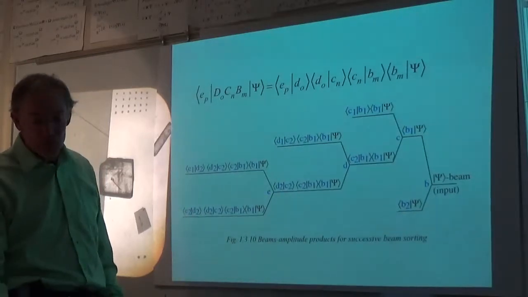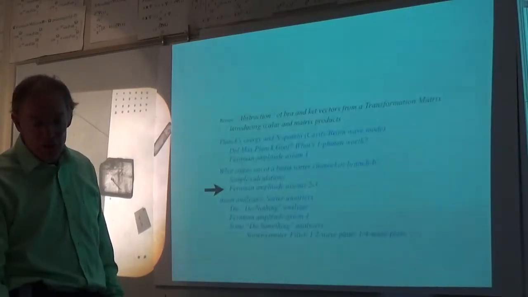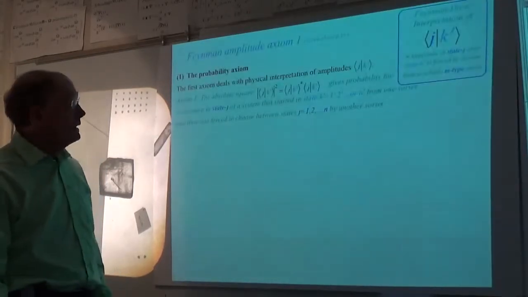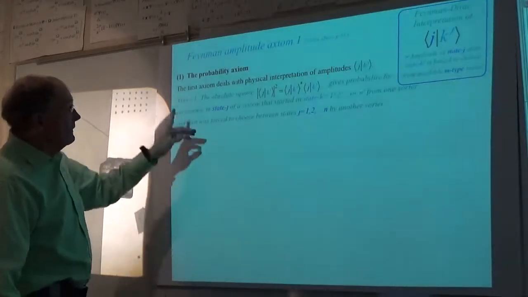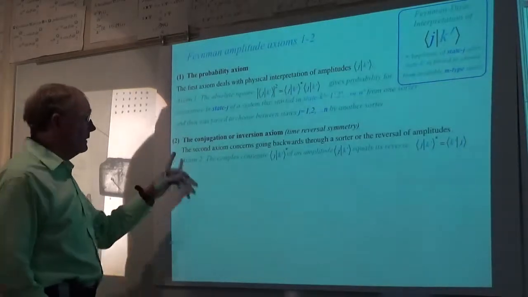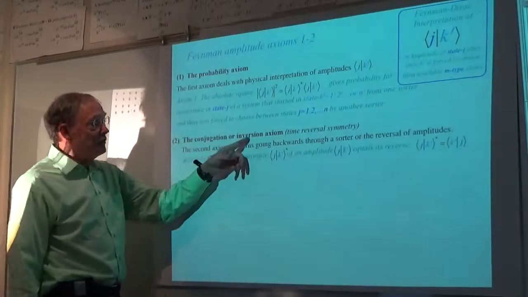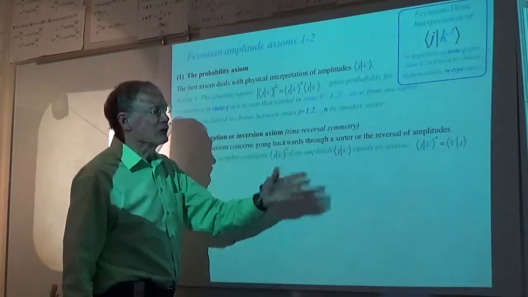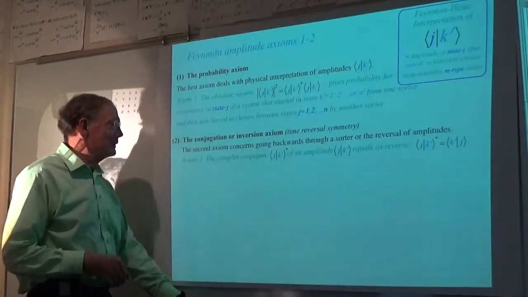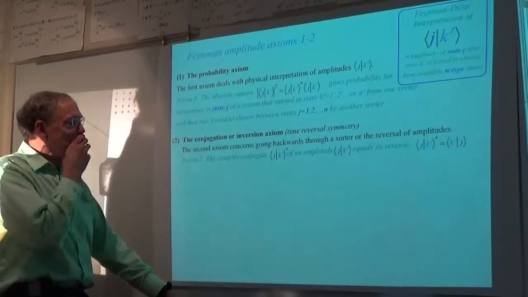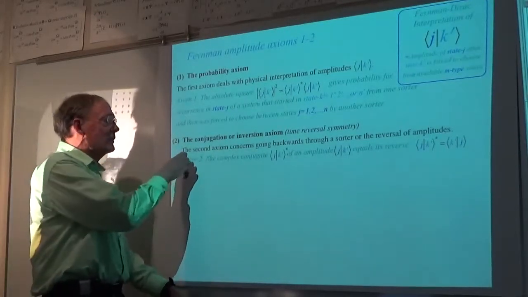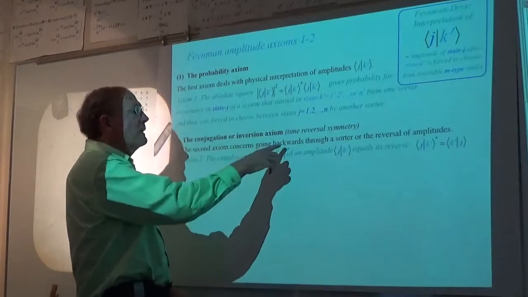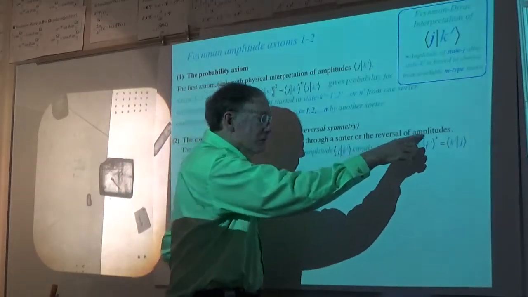You won't be able to carry this very far. Anyway, let's look at the other axiom. This is the one: the conjugation or inversion axiom. I call this time reversal symmetry. I don't even like that, but that's really what it is. The second axiom concerns going backwards through a sorter, or a reversal of amplitudes.